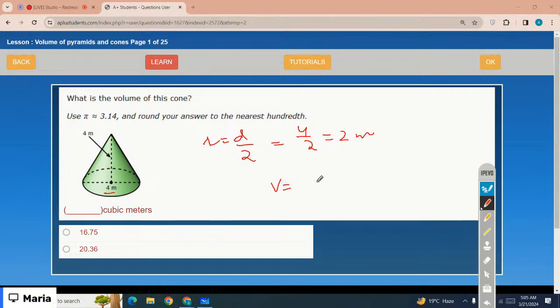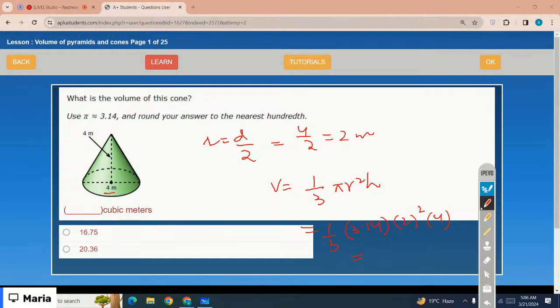The formula we're going to use is V equals 1/3 pi r squared h. Just substitute the values: V equals 1/3, pi is 3.14, r is 2 squared, and the height of the cone is 4. Let me do the calculations. 16 times 3.14 is 50.24, divided by 3.